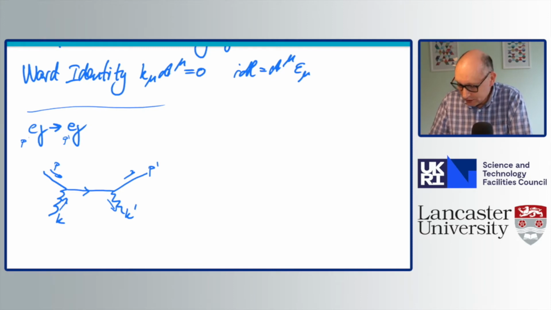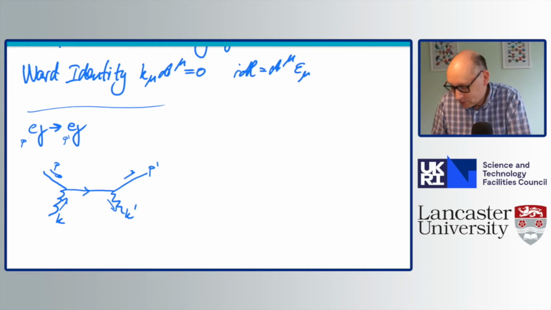So that's one diagram. The other diagram, or all the diagrams, can be drawn in many different ways. But one way of drawing the other diagram is to say we've got the incoming fermion, electron, the same way.